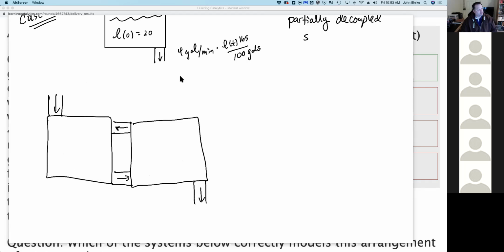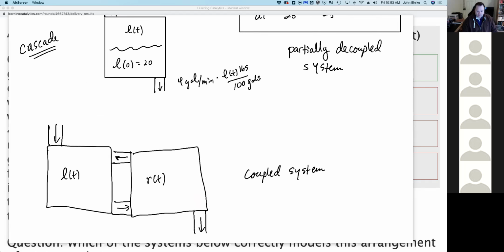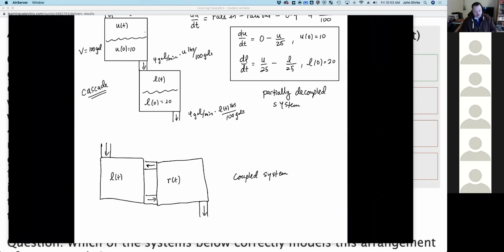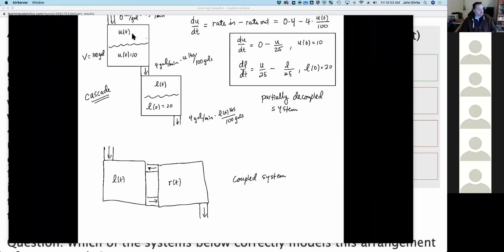This sort of arrangement, if this were my, let's call it left tank and right tank, would be what we would call a coupled system. So it's completely coupled. Does anybody know, rather than call this a cascade arrangement like I did here, what an arrangement like this would be called physically?